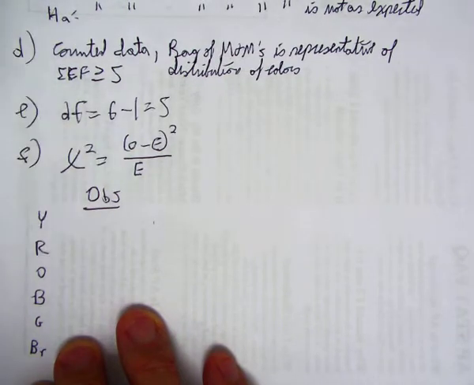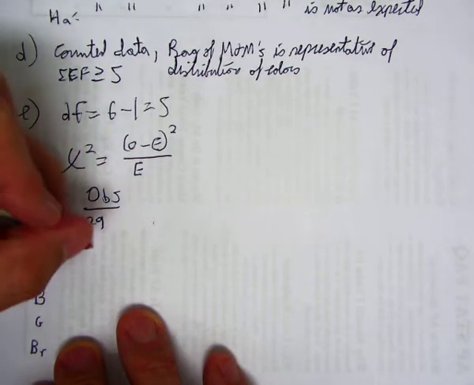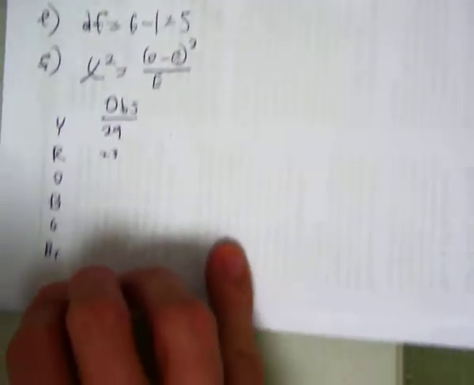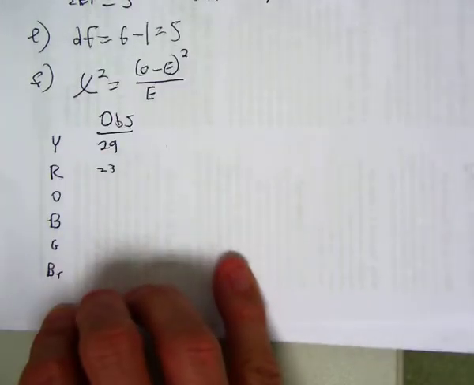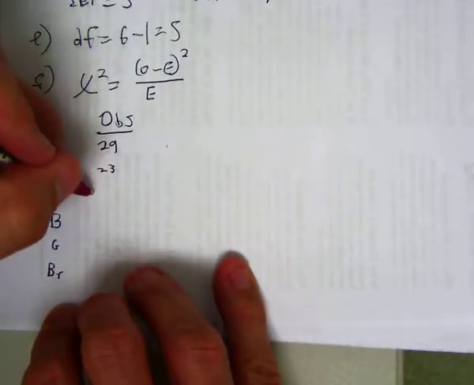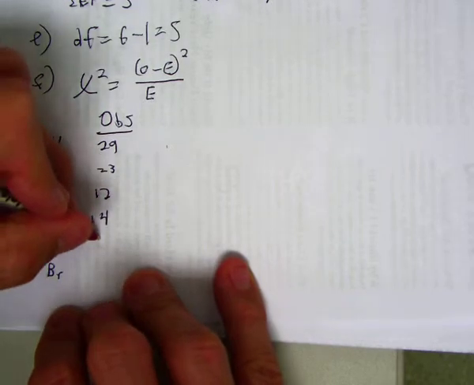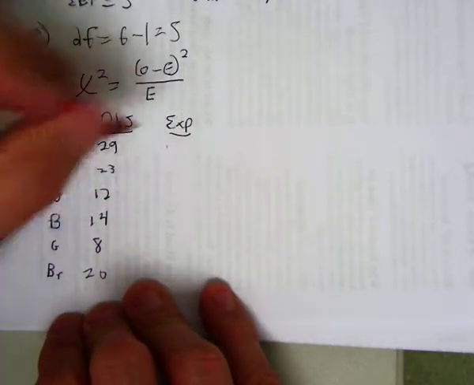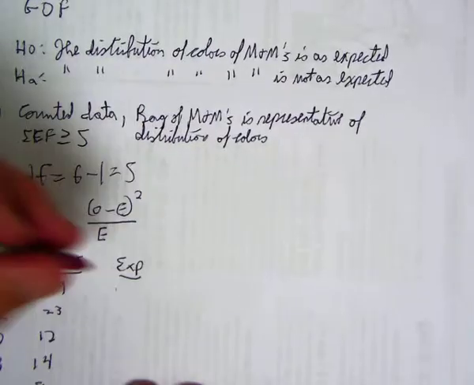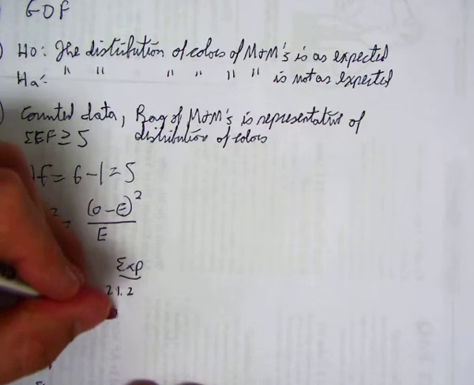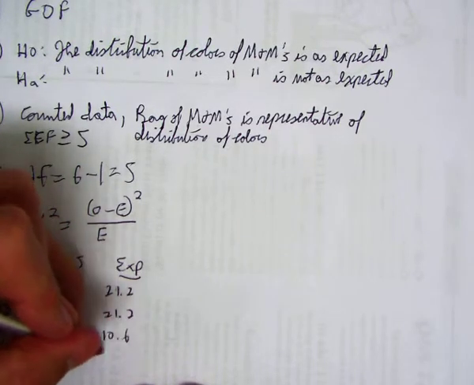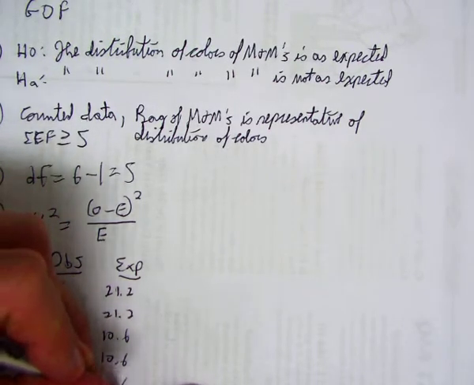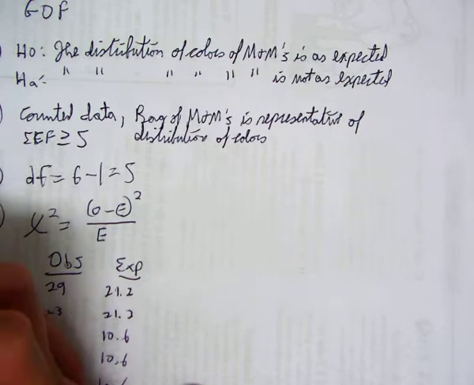So how many did we get? Well, we got 29, 23. And then we got 12, 14, 8, and 20. And then the expected we would have from up here in our little table. So we'd get 21.2, 21.2, 10.6, 10.6, 10.6, and 31.8.